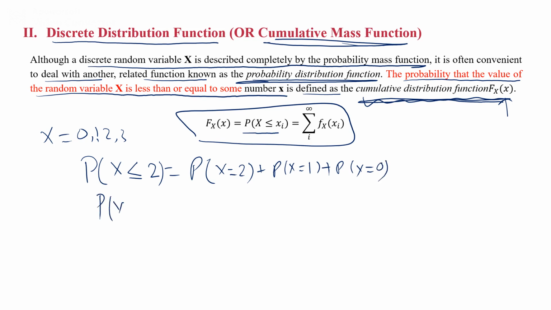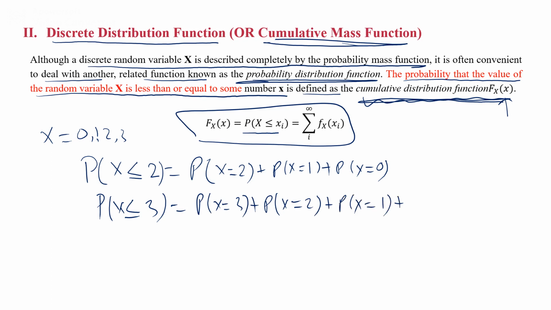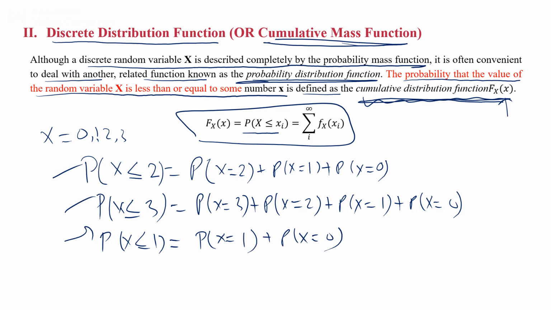Similarly, for up to 3, we add one more, that is X is equal to 3 plus X is equal to 2 plus X is equal to 1 plus X is equal to 0. And similarly for up to 1, probability X is equal to 1 plus probability X is equal to 0. So these are cumulative mass functions, or we say just discrete distribution function.